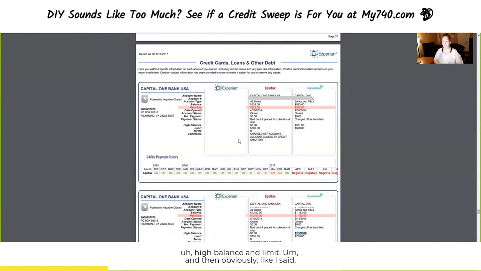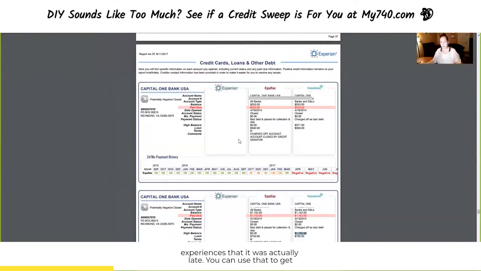And then obviously, like I said, you can look at the historical payment data, because that will also show. Not most of the time on these printable PDFs, but if you go to Credit Check Total or Experian or any of those and you look at the actual historical payment data for all 3 bureaus, you're going to find that Equifax says that something was paid as agreed on X date, but Experian says that it was actually late.